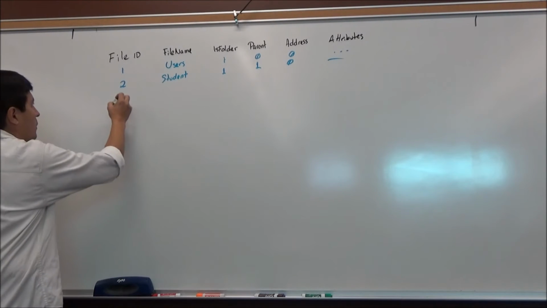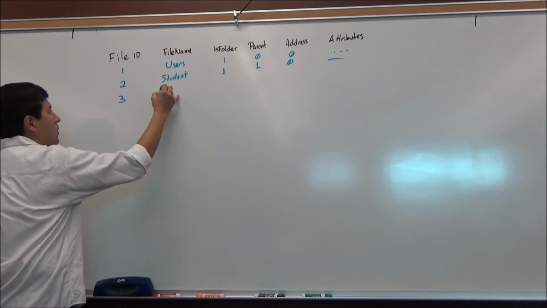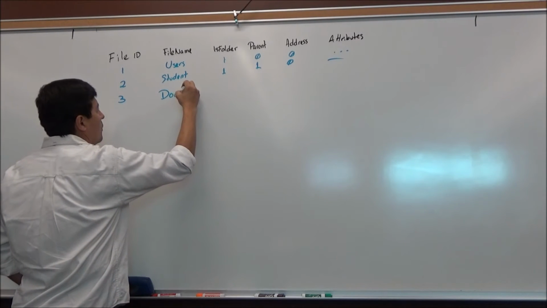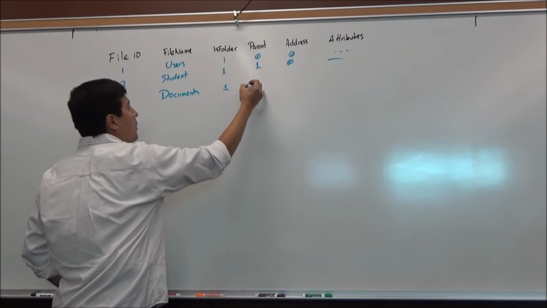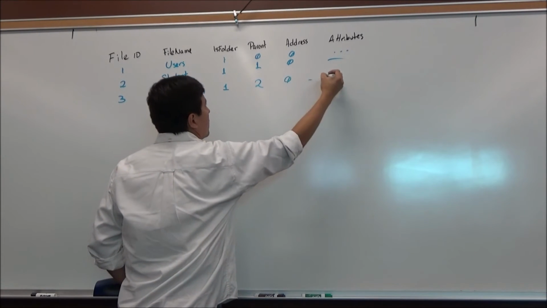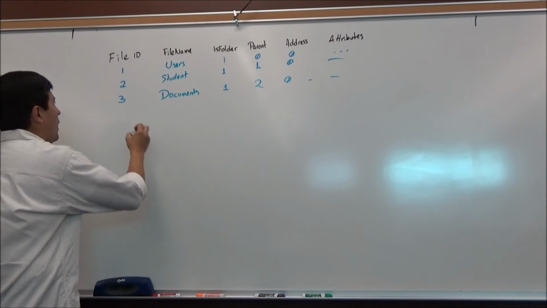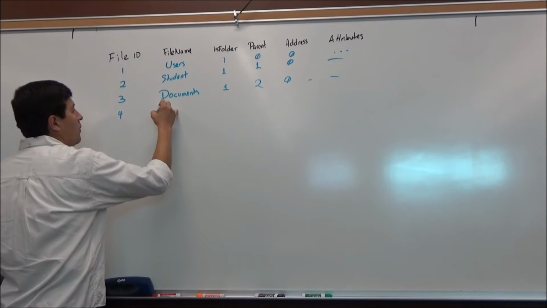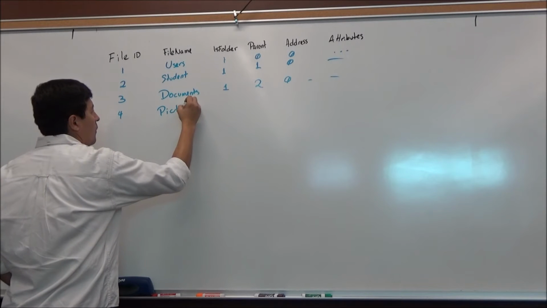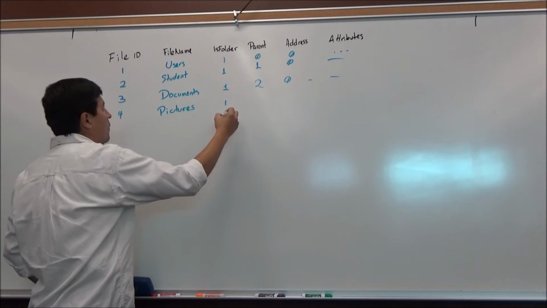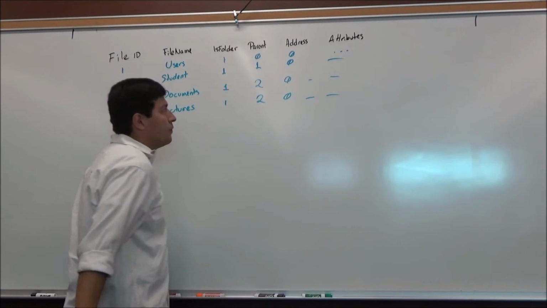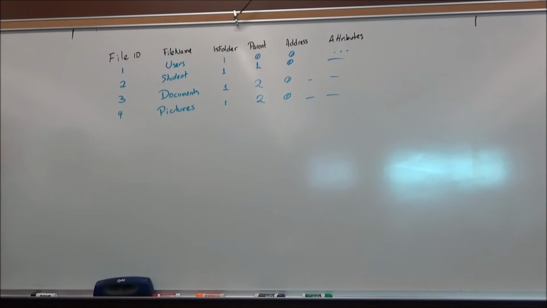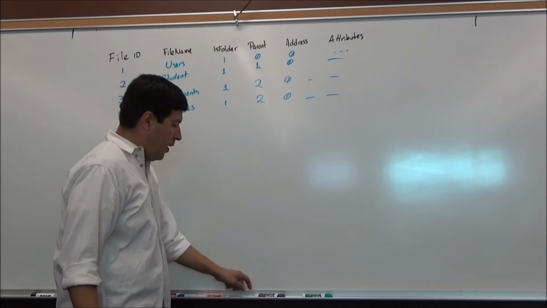Under the student, under that folder, I have another one called documents. It's also a folder. The parent will be 2 now. No address. And you may have another one called pictures, right? It's also under the student. And then you add another file.